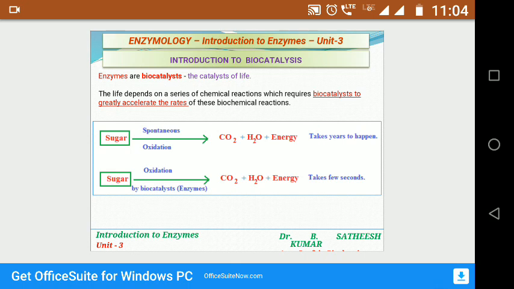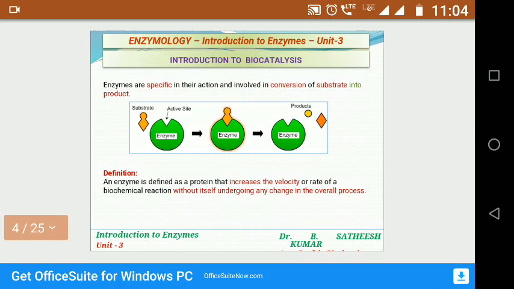In this example, if we take the oxidation of sugar, it requires a few seconds to complete the reaction. But without an enzyme, it takes even years, and the product may be very small, and the liberated energy may not be captured easily by us for our utilization. So that is the importance of enzymes.